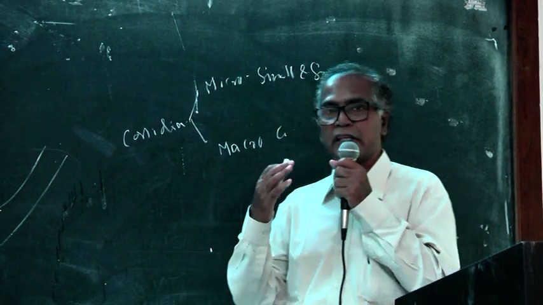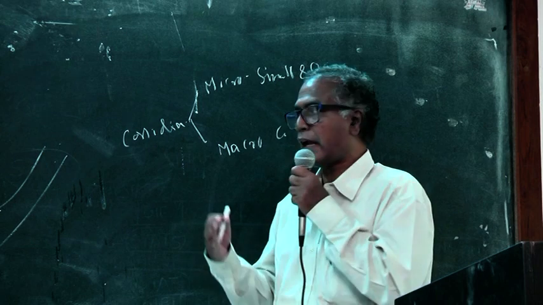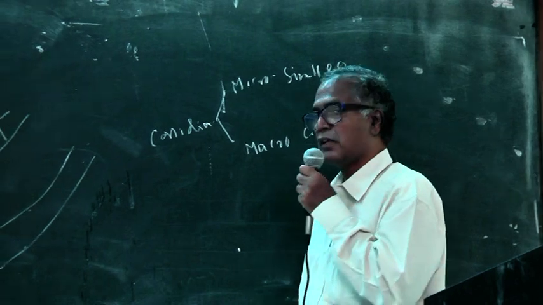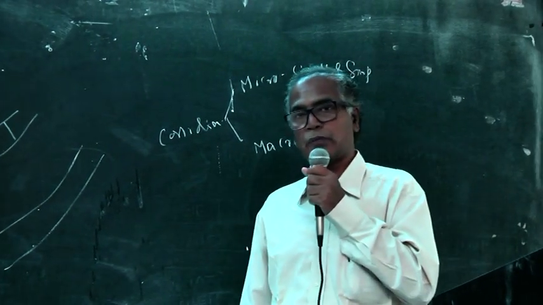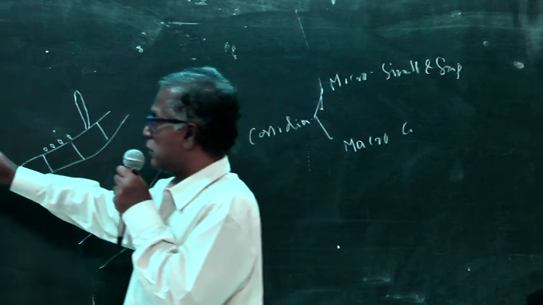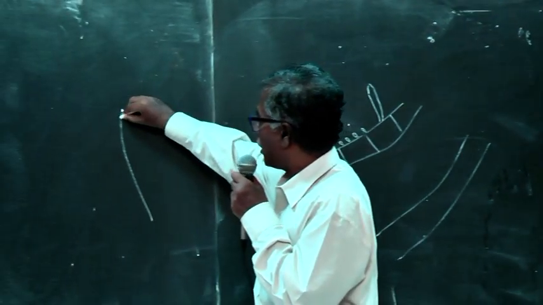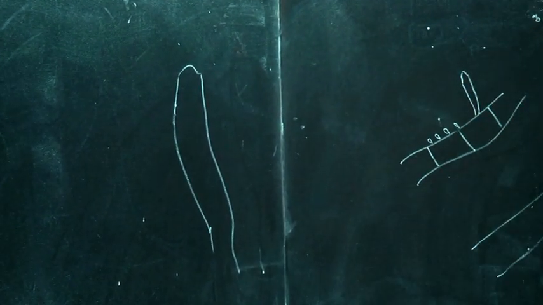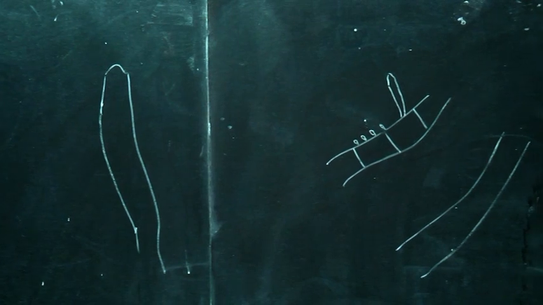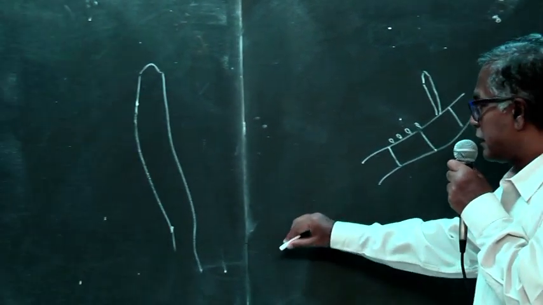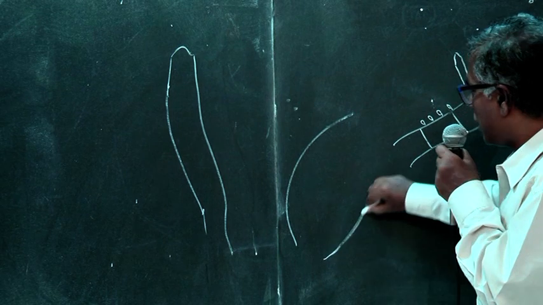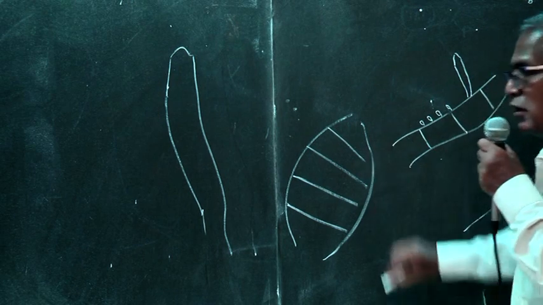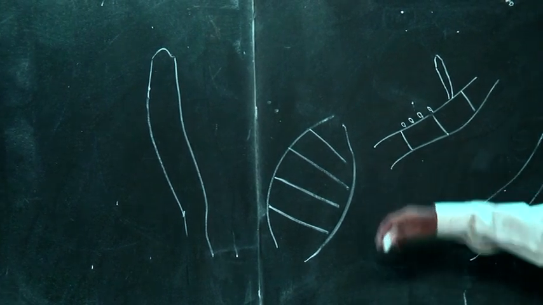These macroconidia are of different shapes. In Trichophyton they are either cigar shaped or pencil shaped. In the Microsporum genus, they may be spindle shaped with multiple septa in the macroconidium.